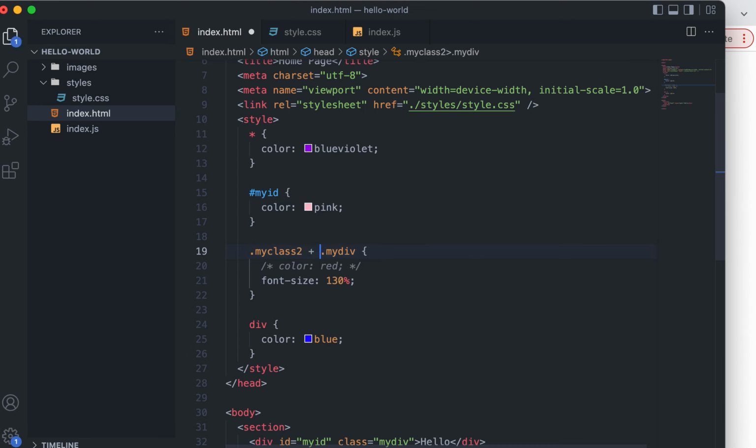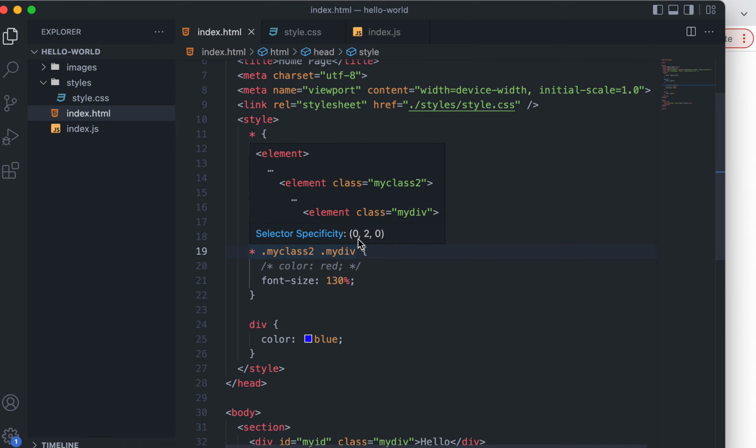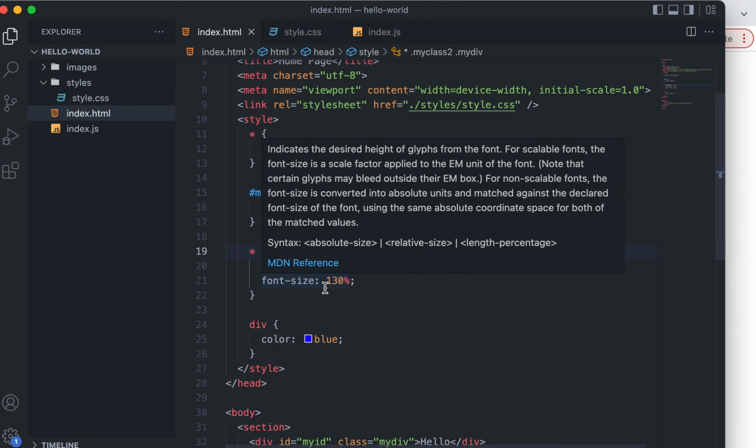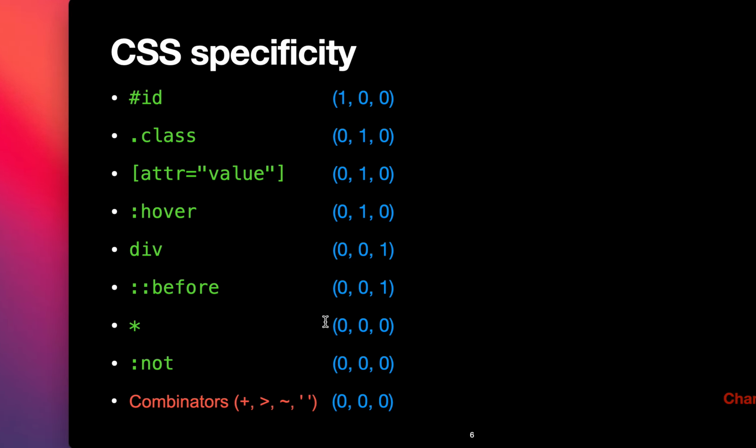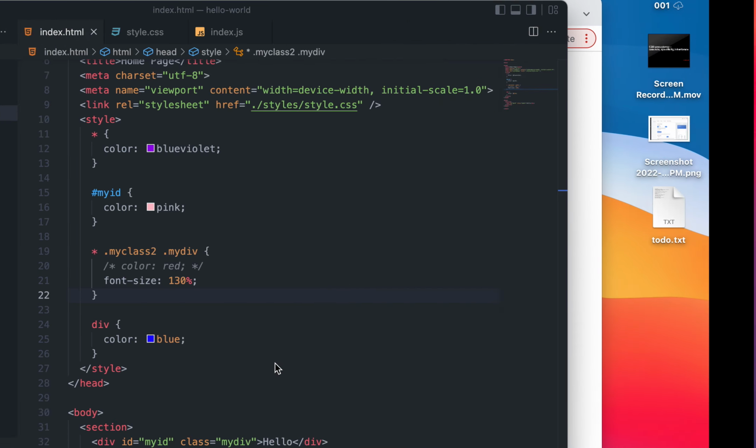Or if you have something like the plus combinator, you see that whether plus combinator or arrow combinator, none of these add anything, right? And if I write something like star space, this will also not add anything. It is still 020. Why? Because star has 0 specificity, so that is not affecting anything.